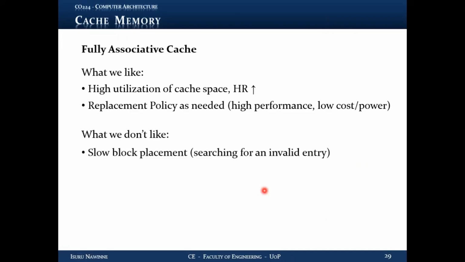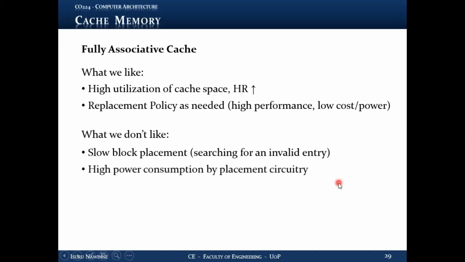We have to go and search for an invalid entry. So every time you fetch a new block from the memory, you are spending more time. That is, your miss penalty is going to increase, right? You have to spend more time to find the place to put the newly incoming block from the memory. You have to search for an invalid entry.